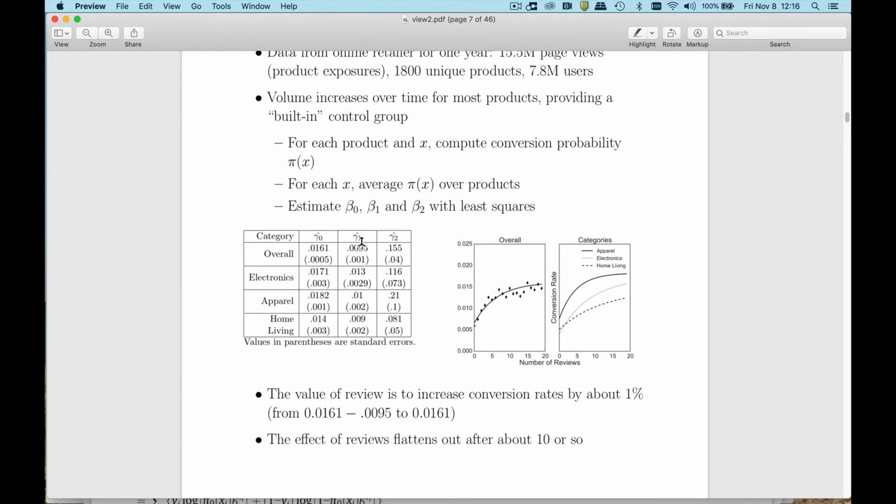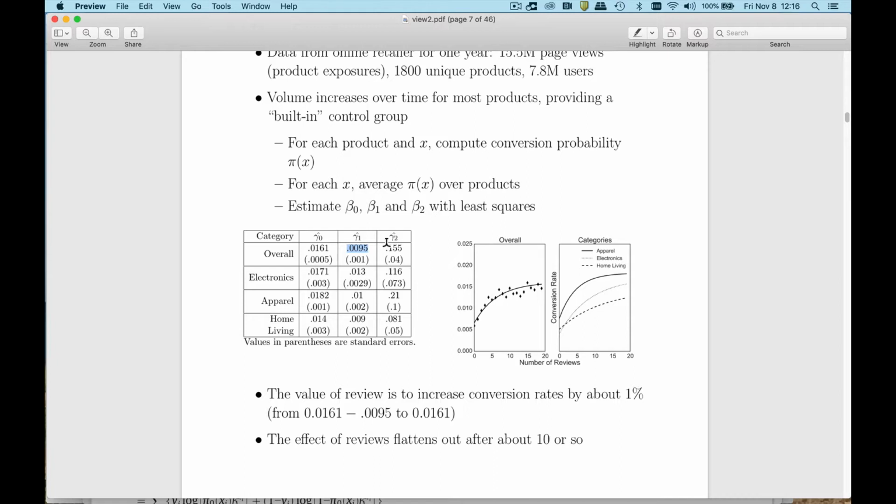So in this case, the conversion rate increases about 1%, so 0.0095 is about 1%, from the point where you have no reviews to when you have an infinite number of reviews. In other words, your conversion rate goes from about 0.006 up to 0.016, which is a pretty substantial increase.